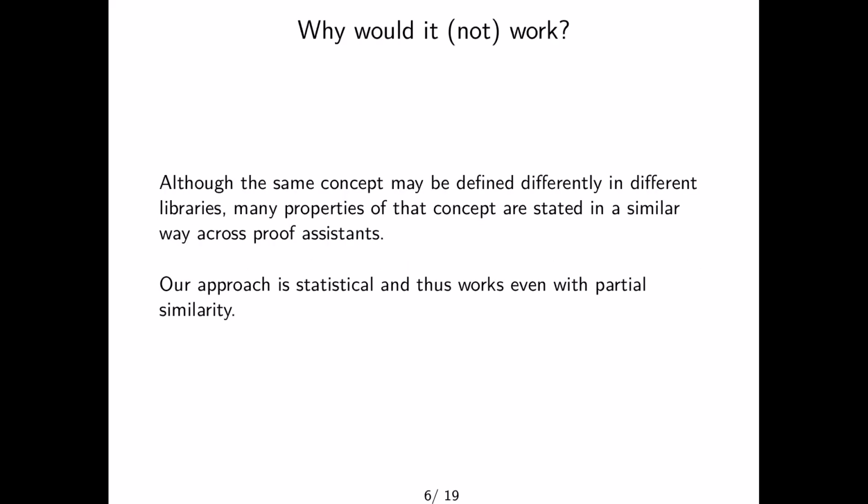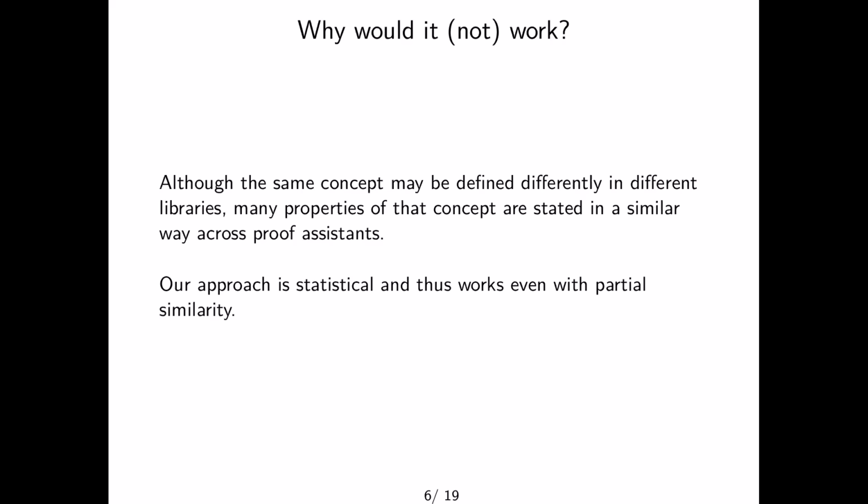So why would it work? The first thing to realize is we're not looking at definitions, and we are not trying to prove that the definitions are equivalent. We are only measuring how many properties are similar, and those properties are often written in a similar way across proof assistants.